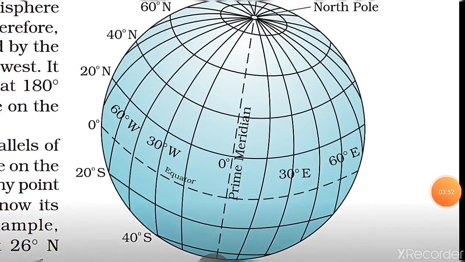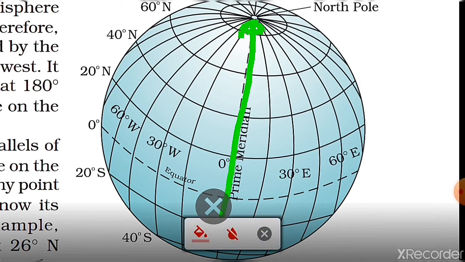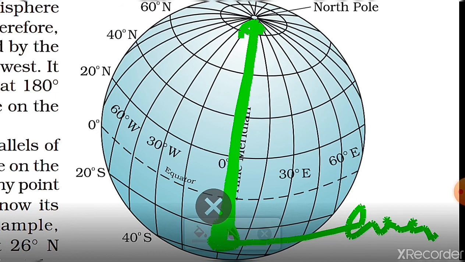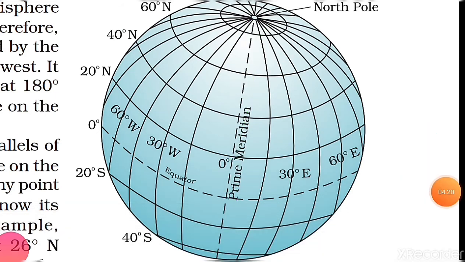This line is the prime meridian. The line from the North Pole to the South Pole is called the prime meridian, and there is located Greenwich.